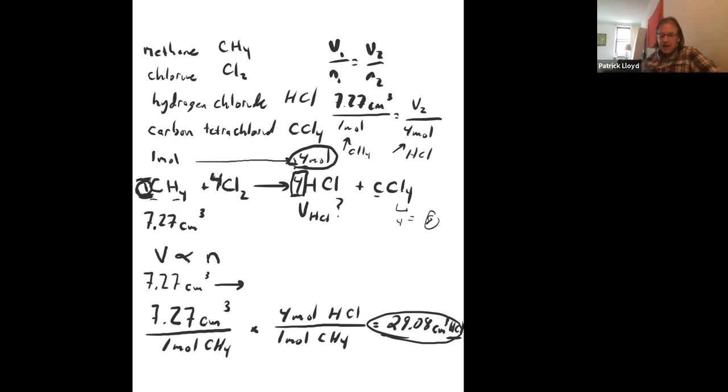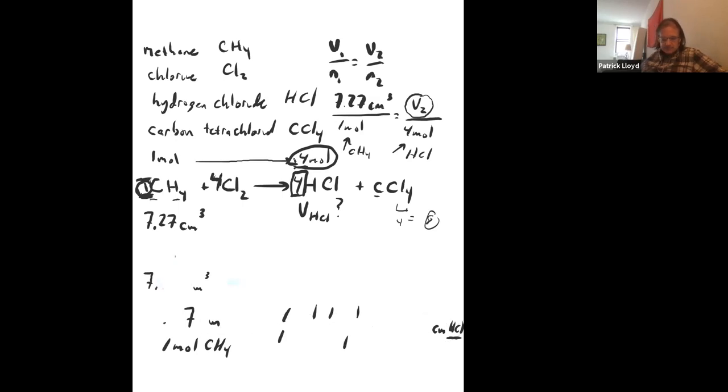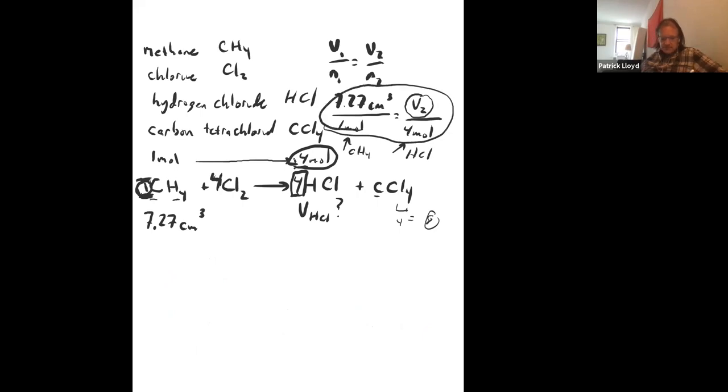Okay, so now if you want to figure out what V2 is, 7.27 centimeters cubed per 1 mole equals V2 over 4 moles.